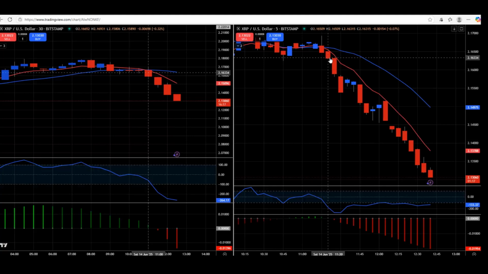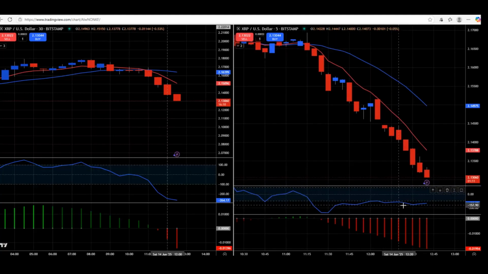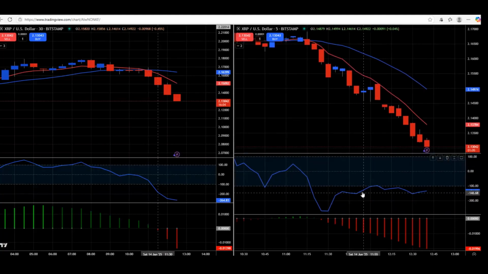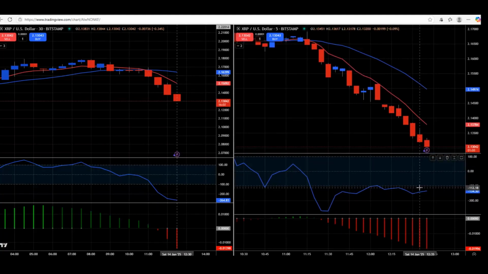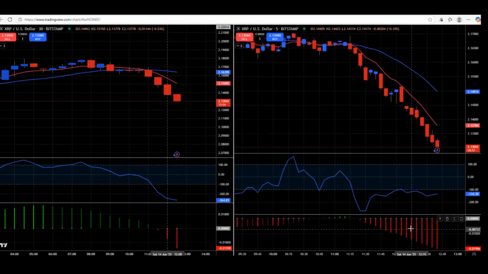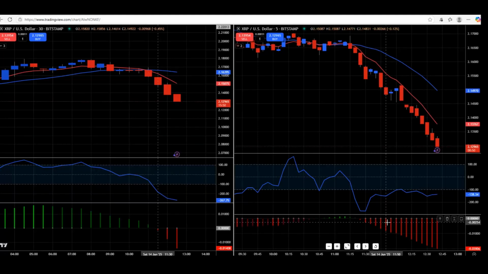So as we can see, the CCI on the 5 minute chart also is trading below the negative 100 line, right? As we can see, let me make this a little bigger for you guys. We can see it's trading below the negative 100 line. Okay, and also the momentum squeeze is all bright red. So that tells me that there's a strong bearish sentiment to the downside.